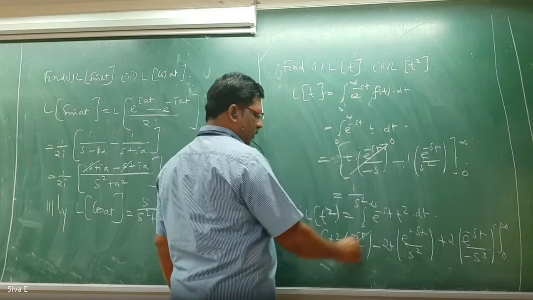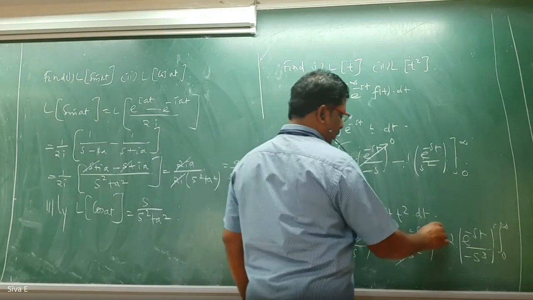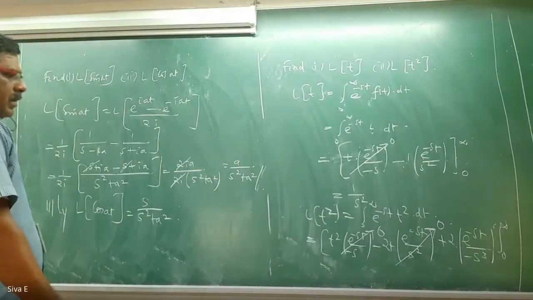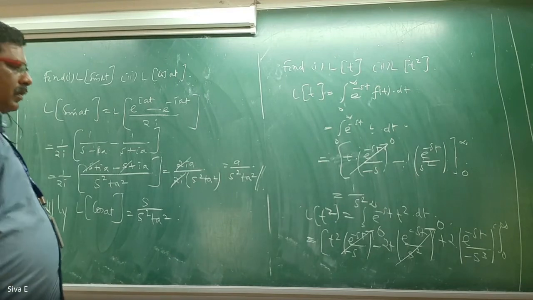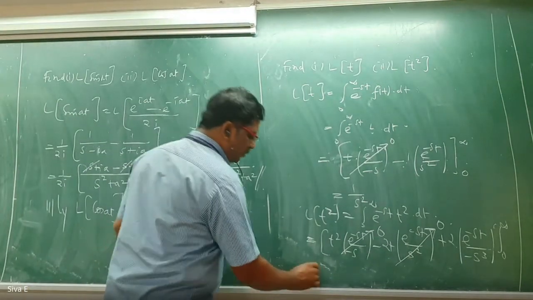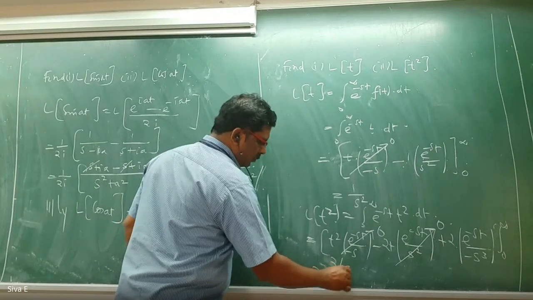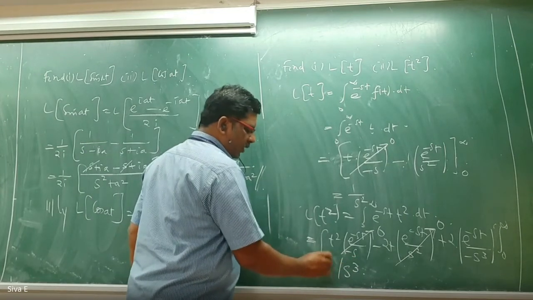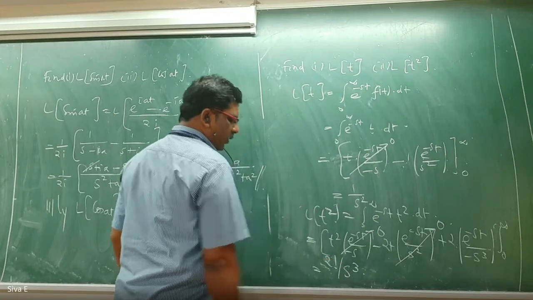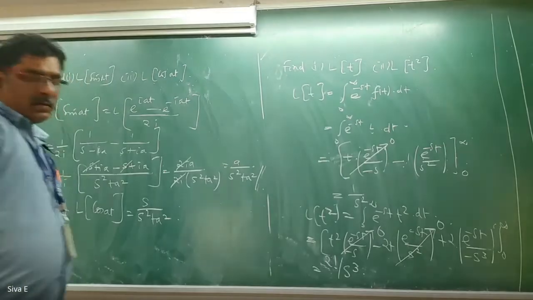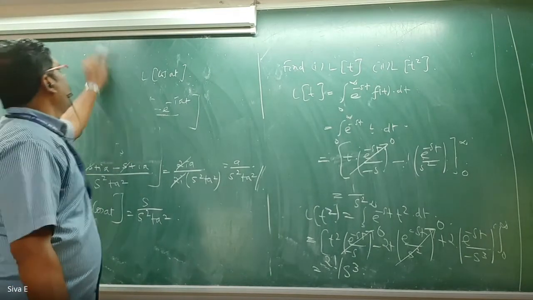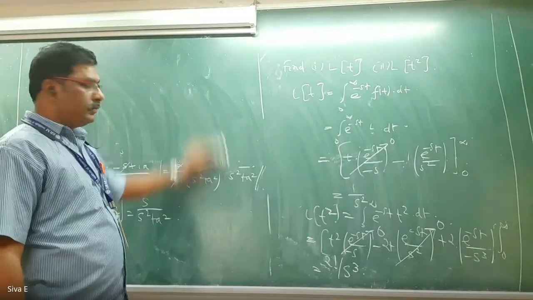The first two terms are 0 from 0 to infinity. Only the last term remains, so you get 2 by s cube. This 2 can be written as 2 factorial by s cube. Continue like that.